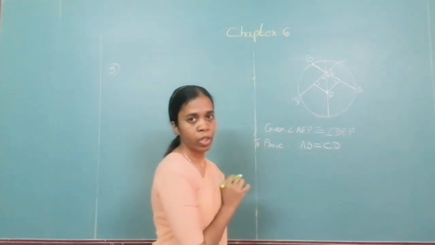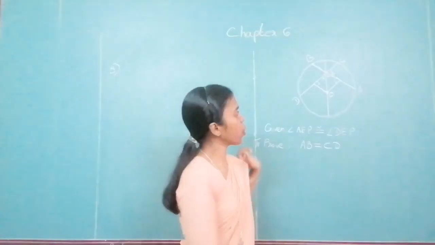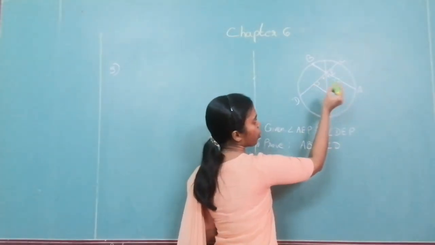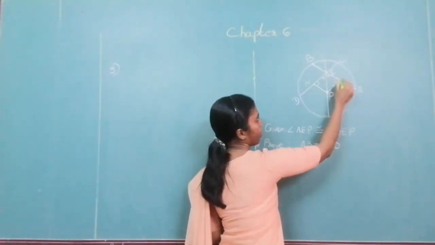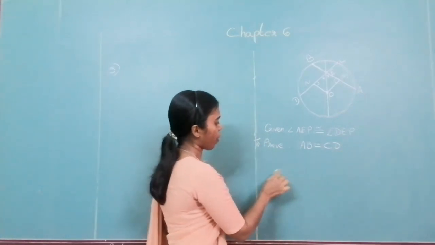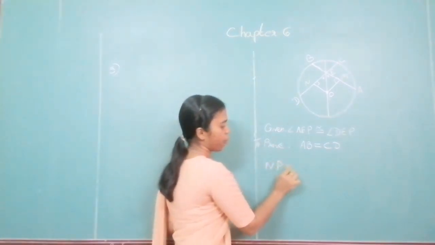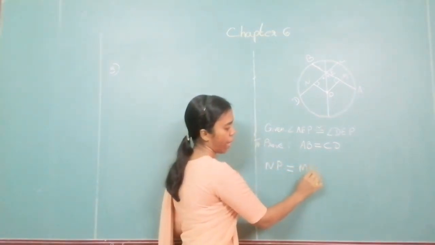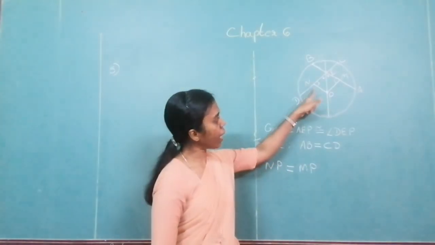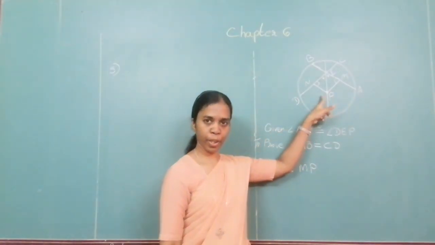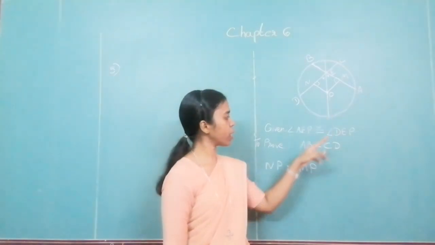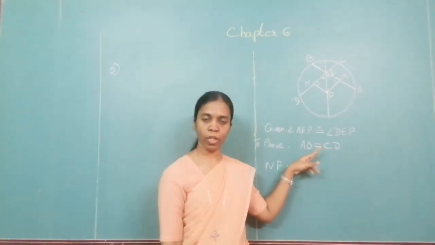Okay. Now, what are we supposed to show? Suppose I am naming this as N and this as M. So if I can show that NP is equal to MP, then I can say that the chords are also equal.